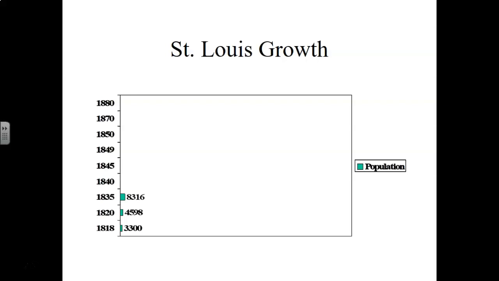Anytime you have the doubling of anything in a short period of time, you know you're experiencing some pretty good growth. From 1835 to 1840, we basically double in size to 16,439. That would be probably like a good Mizzou crowd at one of their basketball games.